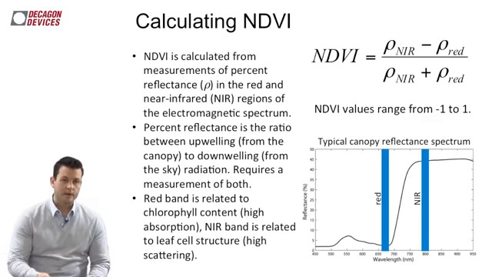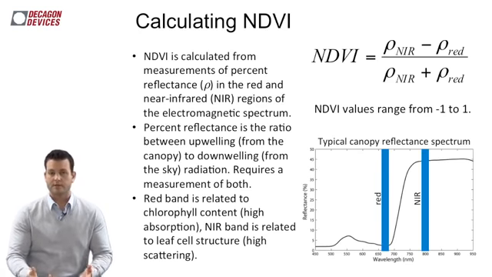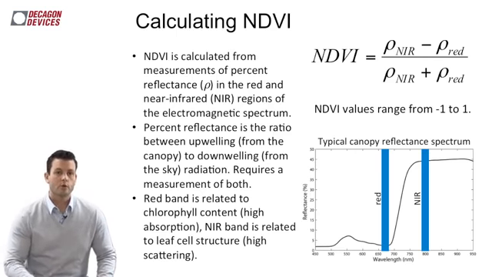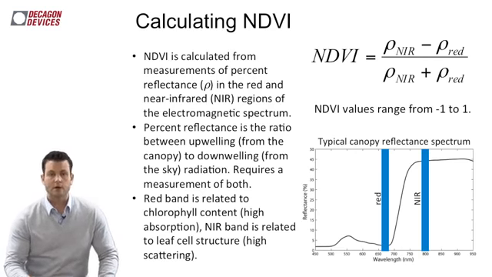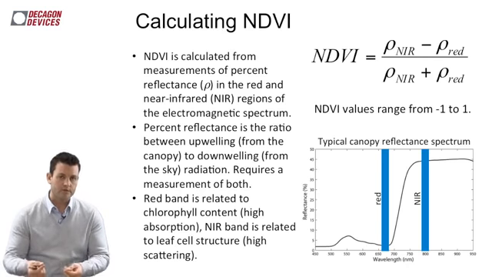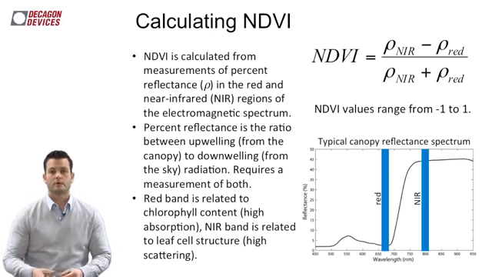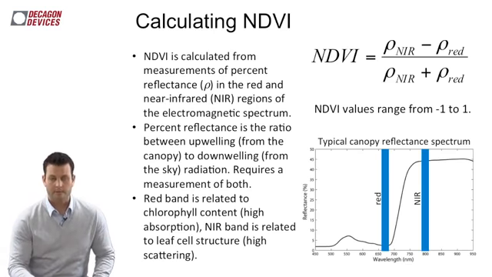You'll also see from the spectrum that the red is really strongly absorbed, and we can tell this because not a lot is reflected, whereas in the near-infrared we see a large amount of reflectance. And so by taking the ratio between the red and the near-infrared, we can get a sense of what's going on with the vegetation canopy.